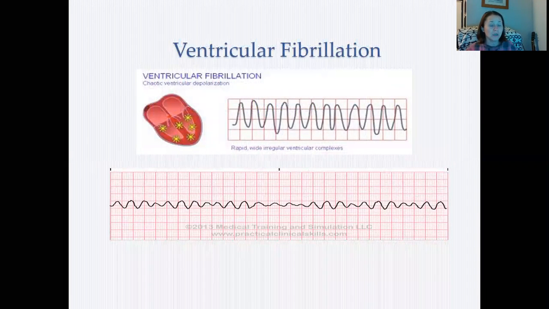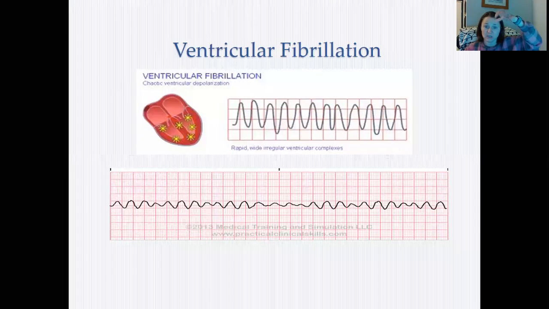You've got two different rhythms with fibrillation, atrial and ventricular. Fibrillation is just jittery, disorganized chaos, where V-tach or A-flutter is more organized, though not perfusive. With V-tach, you can still have a pulse, but it's not going to be a strong pulse, not as effective as a normal beat.